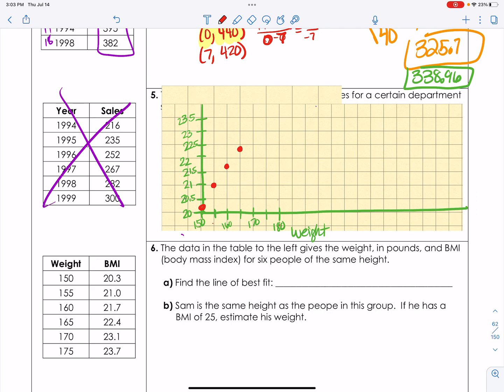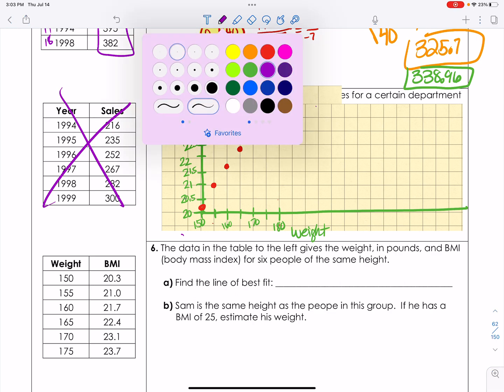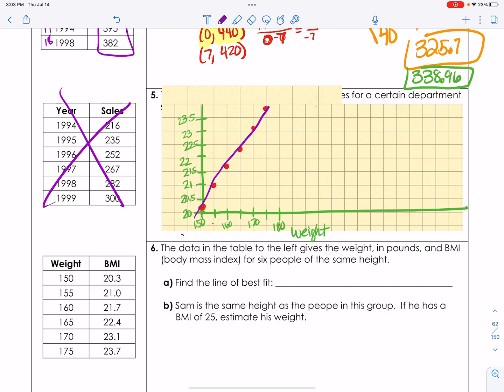At 170, I'm at 23.1, so a little jump there, but it's still definitely following a pattern. And at 175, I'm at 23.7. So it definitely follows a pattern. Make it straight. Okay, so I can use this line because it goes through all of them.